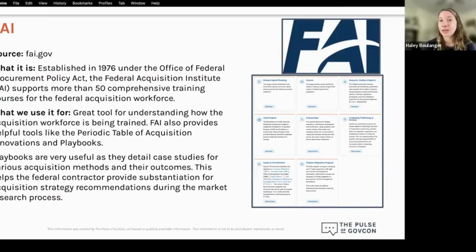You can see some of them on the right there, like human capital planning, careers, LEAP projects, equity and procurement, all fun topics like that. But we think the playbooks in particular are very useful as they detail case studies for various acquisition methods and their outcomes. All in all, this helps the federal contractor provide substantiation for acquisition strategy recommendations during the market research process.